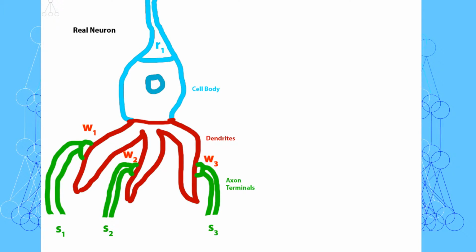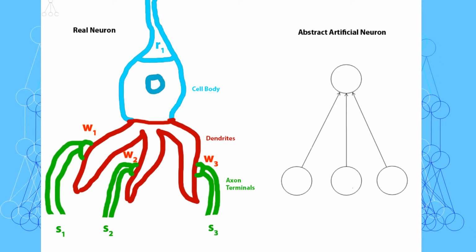So now that we have all these parts, let's transpose them onto our abstract representation of a neuron that we will typically see in the rest of the course. So here's an abstract model. We have a series of circles and edges. Each circle represents a neuron, which has a response value. And each edge represents a connection from a neuron to another neuron.